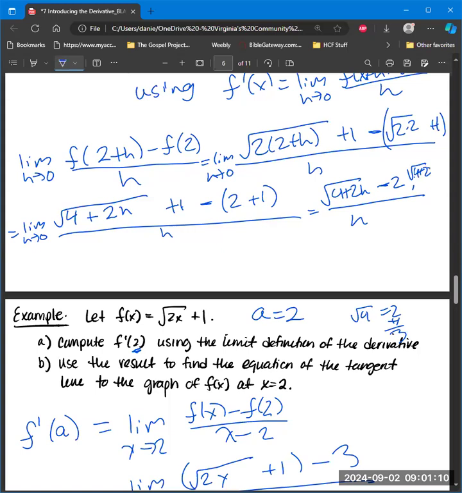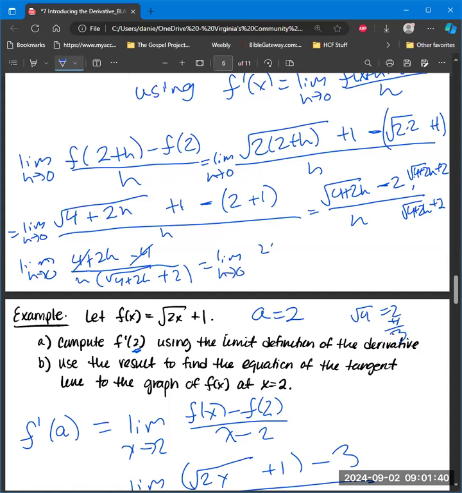Root 4 plus 2h plus 2 is the limit as h goes to 0 of 4 plus 2h minus 4 over h times root 4 plus 2h plus 2, which is the limit as h goes to 0 of 2h over h times root 4 plus 2h plus 2.